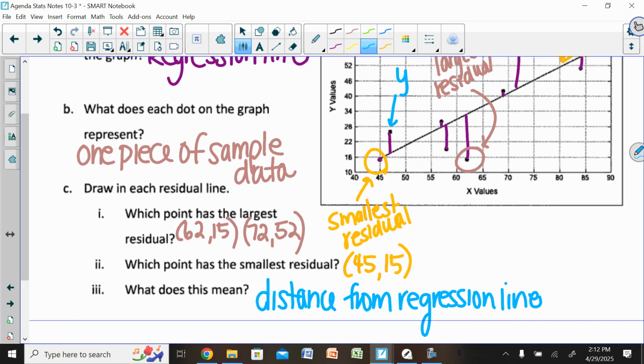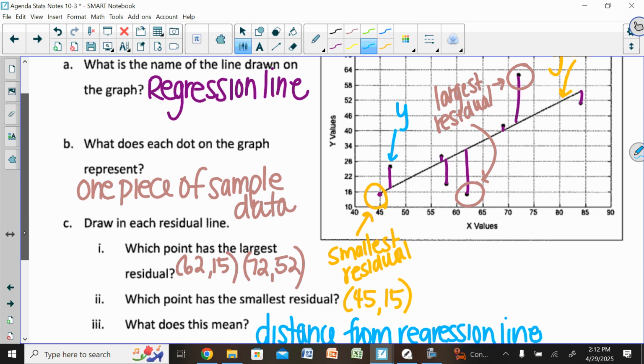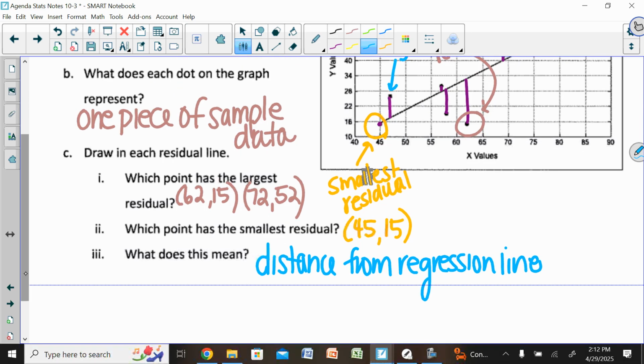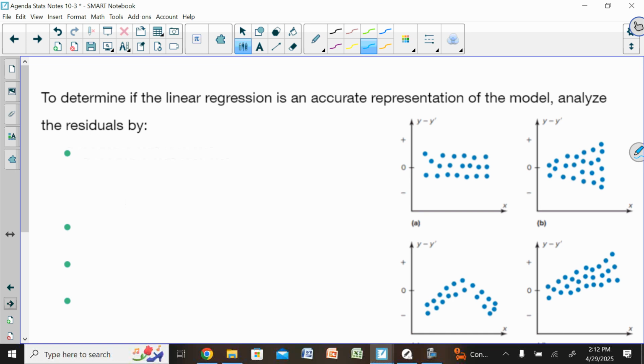What I'm going to have you doing is actually calculating the residuals, which means we've got to do some calculations for our least squares regression line. To determine if our regression line, or line of best fit, is an accurate representation of the model, analyze the residuals by finding the actual equation, y prime equals a plus bx.